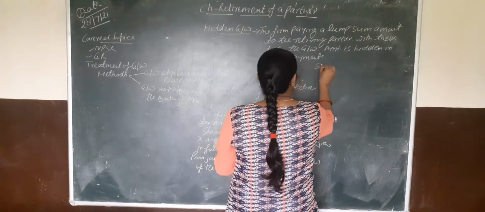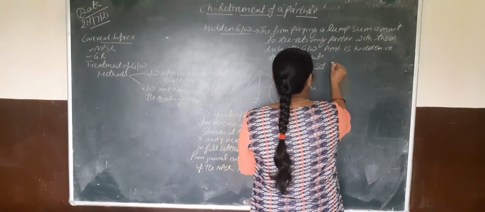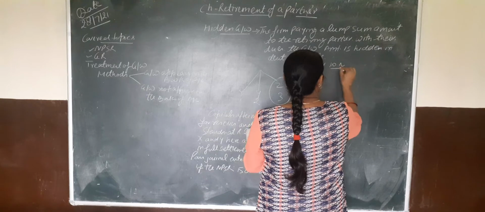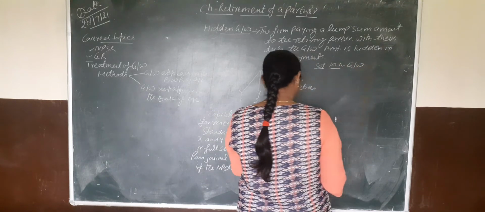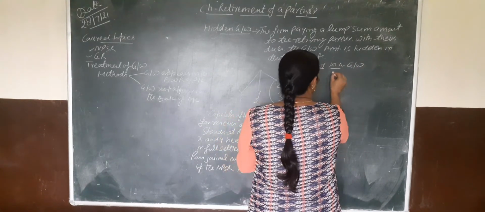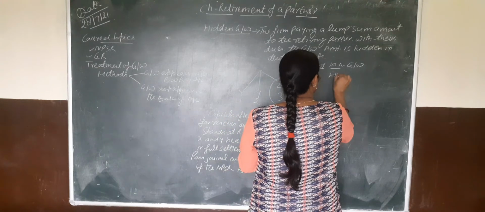So children, the solution will be: first we will calculate the goodwill amount, the hidden goodwill.